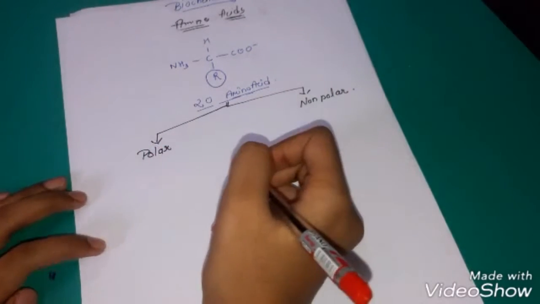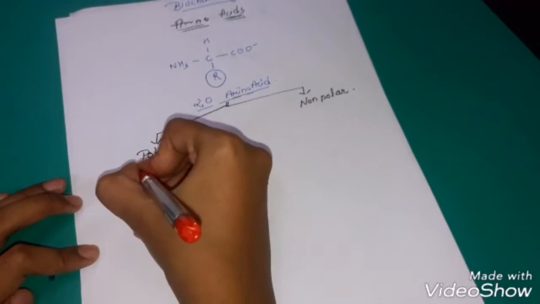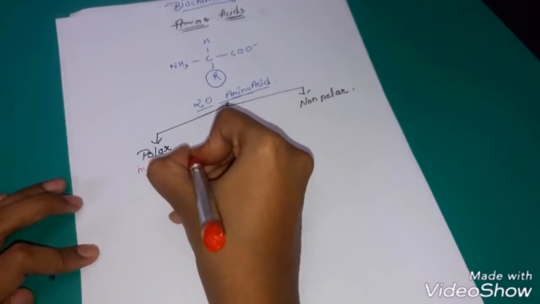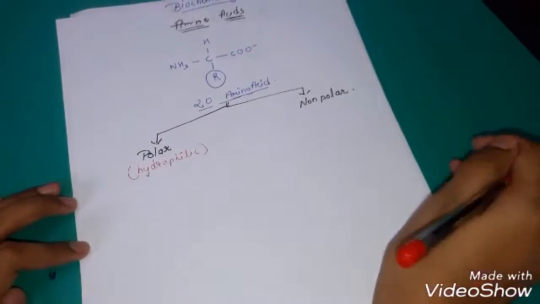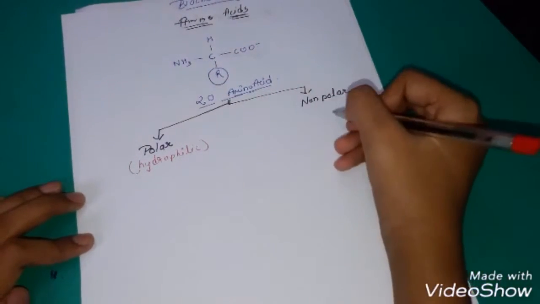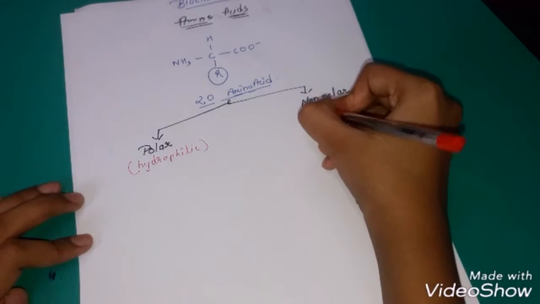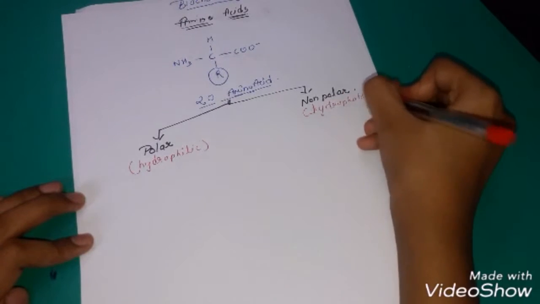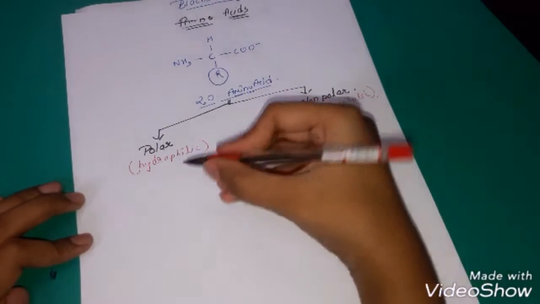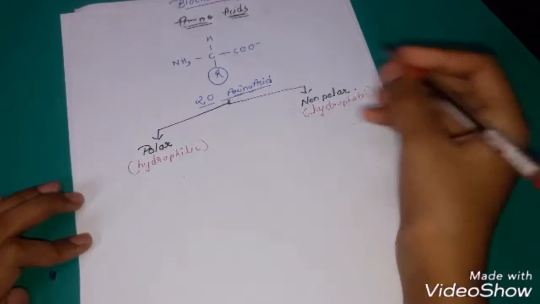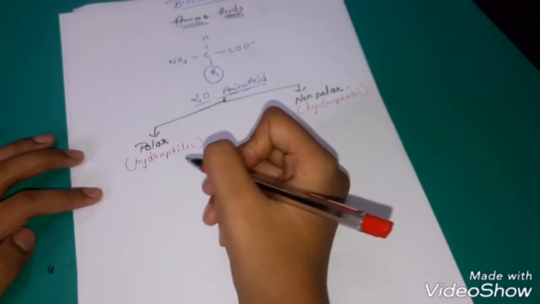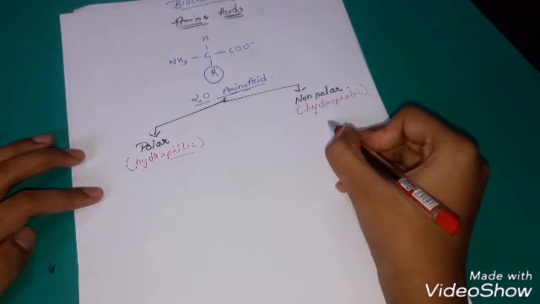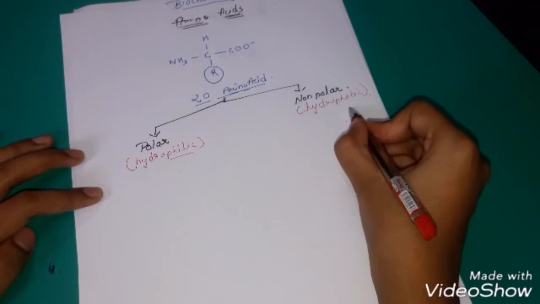Polar amino acids are hydrophilic in nature, and the non-polar amino acids are hydrophobic. Everyone knows the difference: hydrophilic amino acids love water, and hydrophobic ones hate water completely.